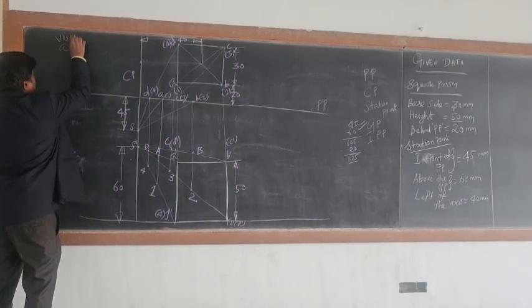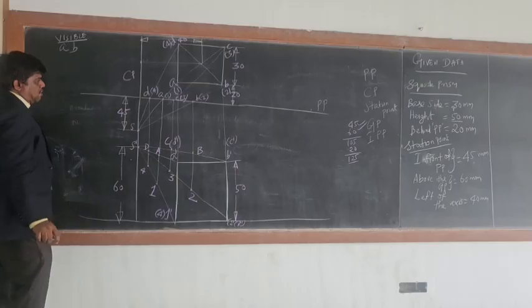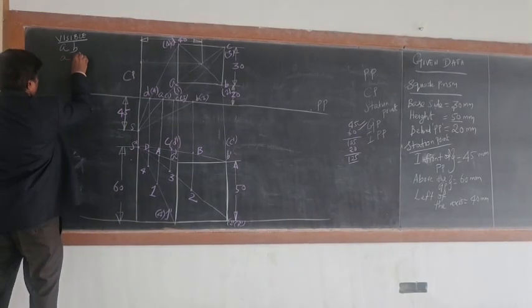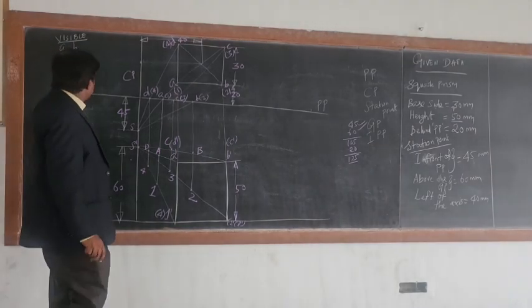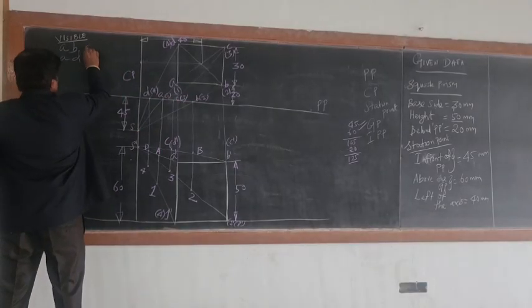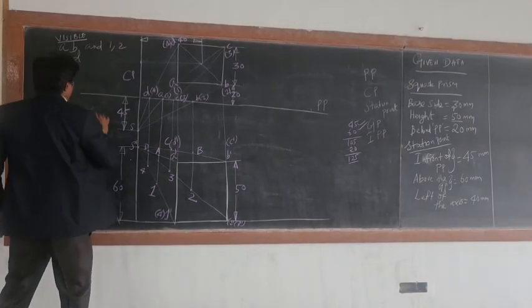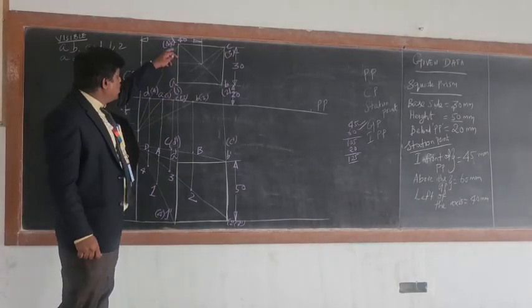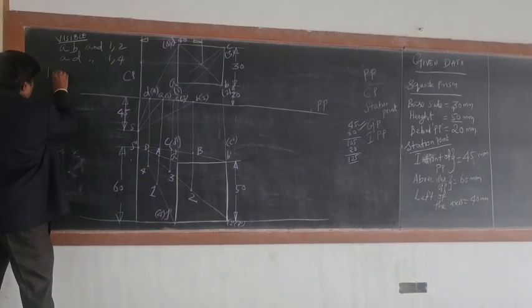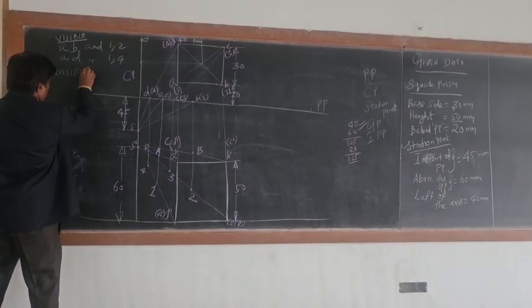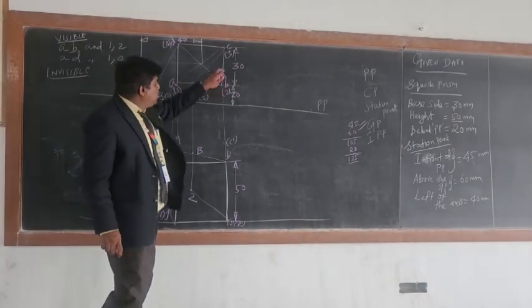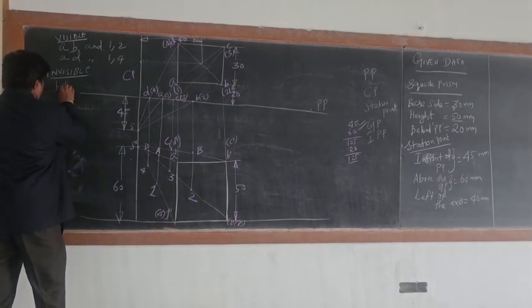A to B is visible. A to D is visible. Same thing: 1 and 2 visible, and 1 and 4 visible.